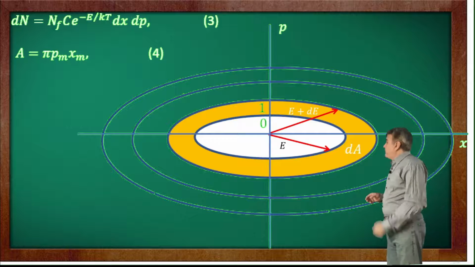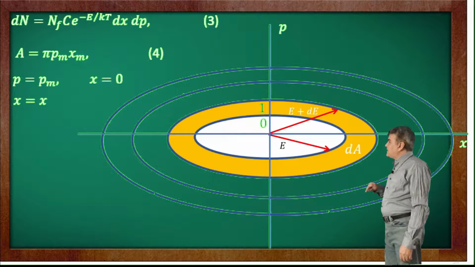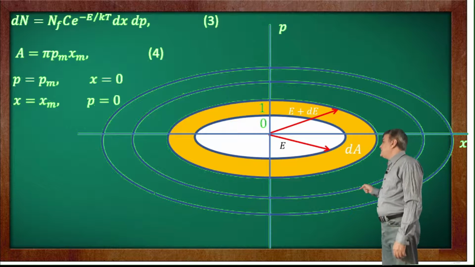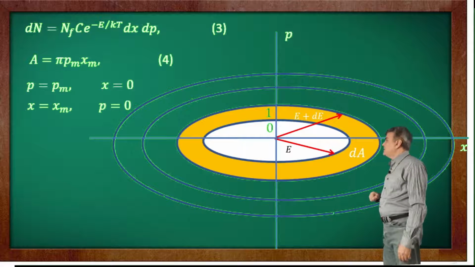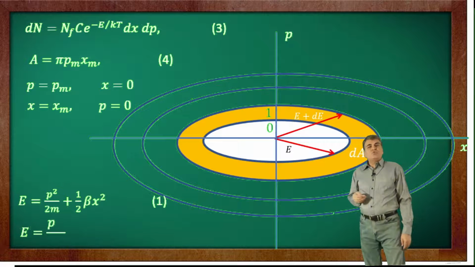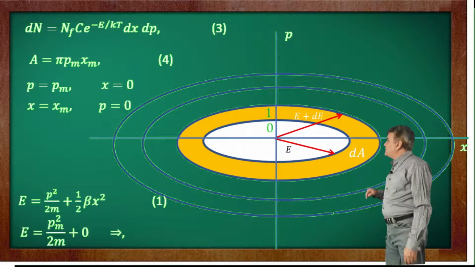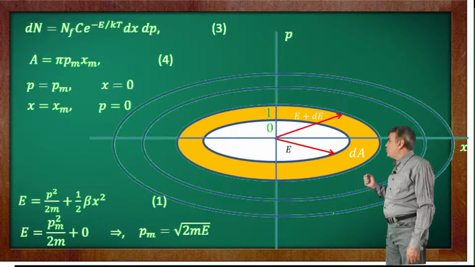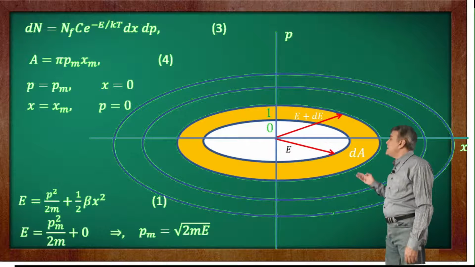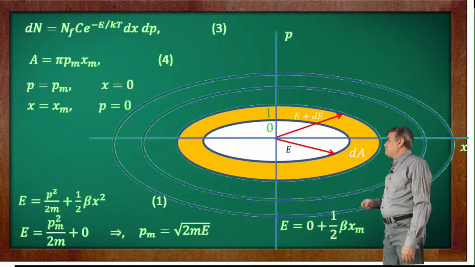As can be seen from the figure, when p equals p sub m, then x equals 0, and similarly when x equals x sub m, then p equals 0. So using these sets of values one by one in equation 1, we can write E equals p sub m squared divided by 2m plus 0, since x equals 0 makes the second term 0. Arranging this equation gives p sub m equals square root of 2mE.